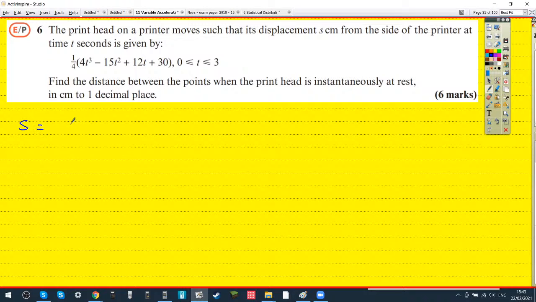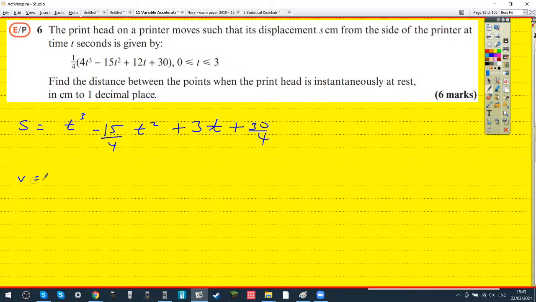So the normal number is t cubed minus 15 over 4t squared. Over 2? Oh, sorry, yeah, sorry. Yeah. And plus 3t plus 30 over 4. Yeah, I know.